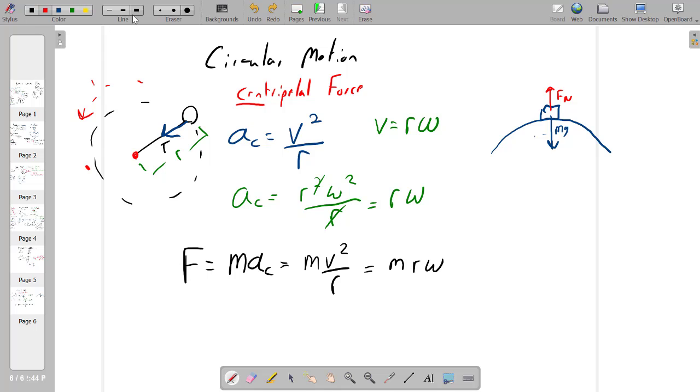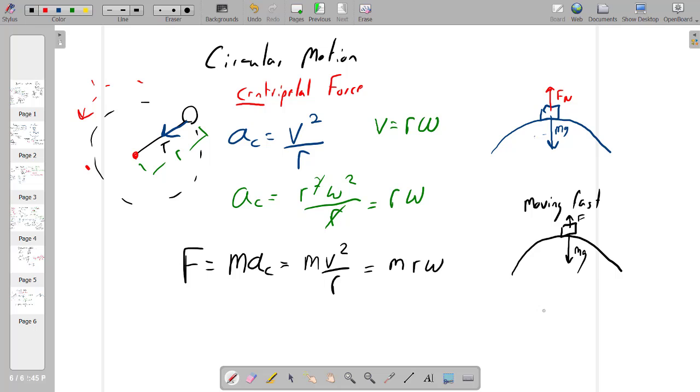All right, and then we can say if this thing was moving really fast around the top, the normal force would be really small and the gravity force would be bigger. So think about if you're almost flying off of a track.